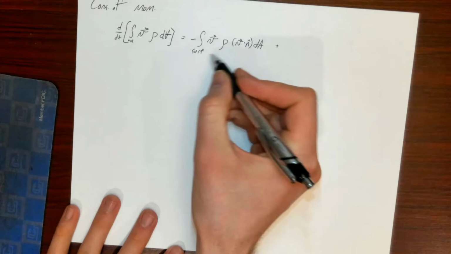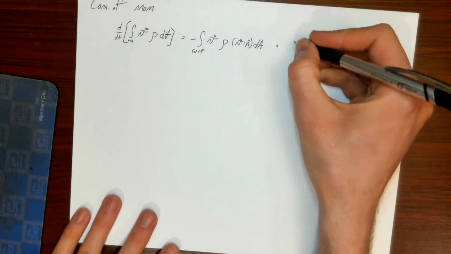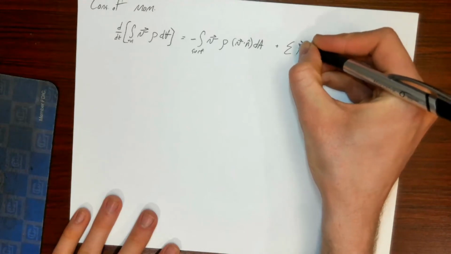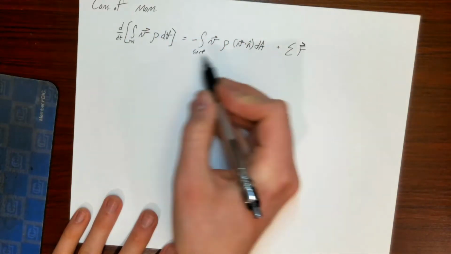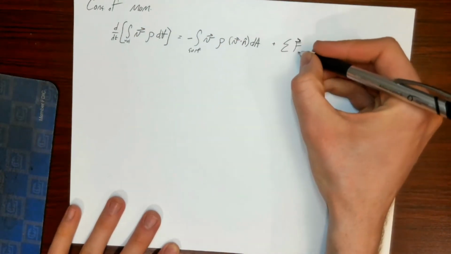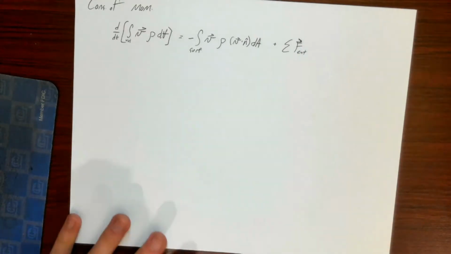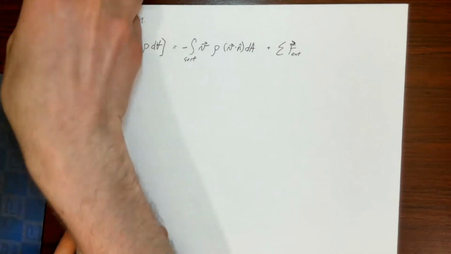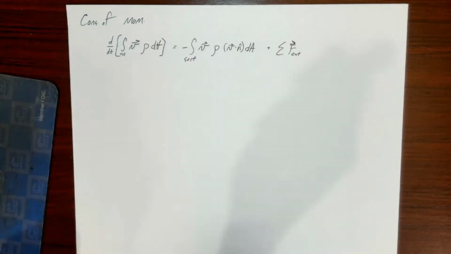And this is our ins and outs for momentum. And then our momentum generation is the sum of forces. And these, of course, would be vector forces if we're dealing with the vector version of conservation of momentum, of external forces. Now, take a moment and pause and ponder.